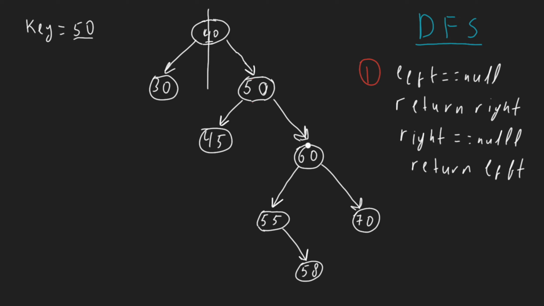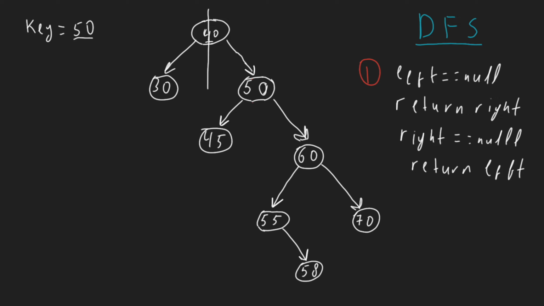We cannot do that, because in that case 55 and 58 will be on the right side of 60, which means it's no longer a binary search tree. In a binary search tree, all the values on the left should be less than all the values on the right.